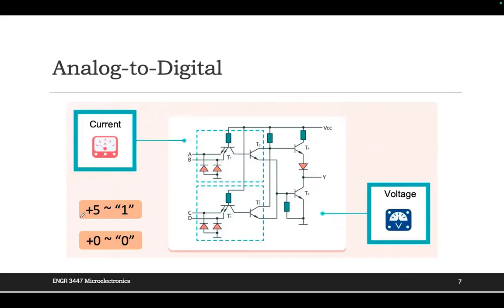If your voltage is around 5, it will be 1, and if your voltage is around 0, it will be 0. We actually do many labs in microelectronics. There are some circuits you can use to transfer analog to digital. That makes sense to you?